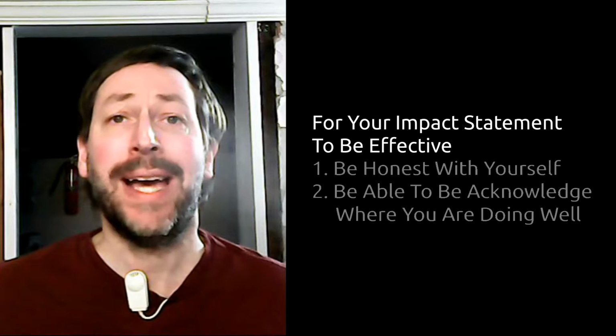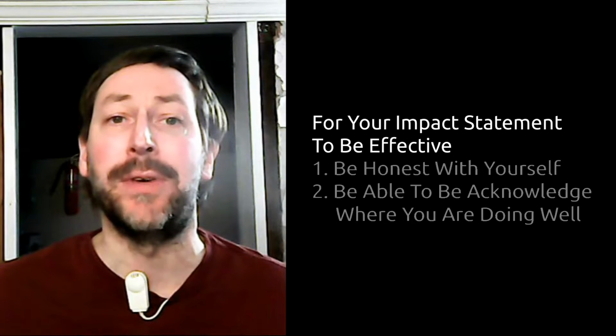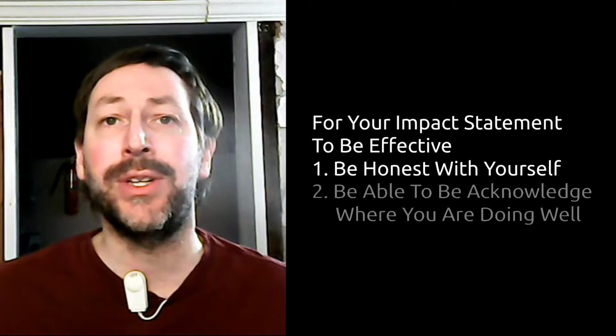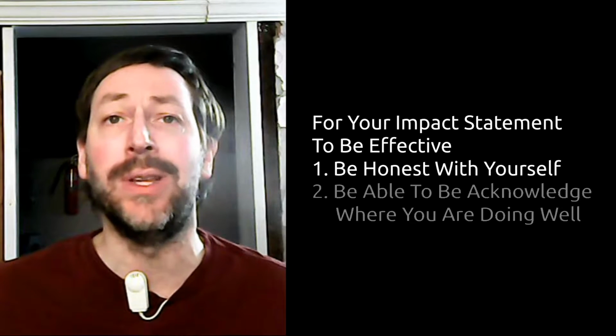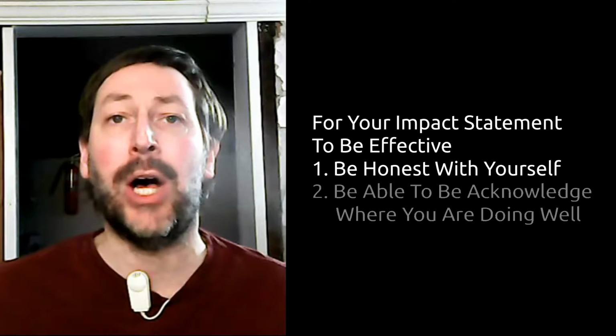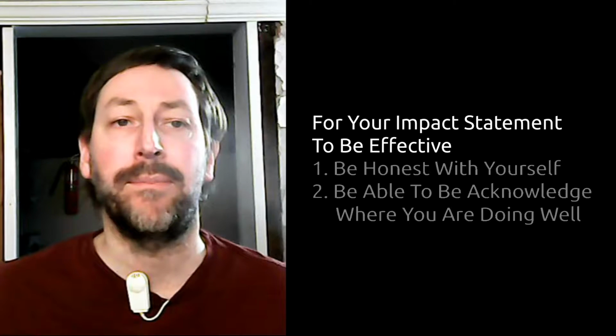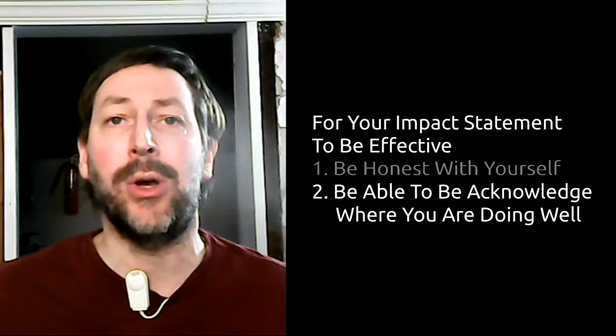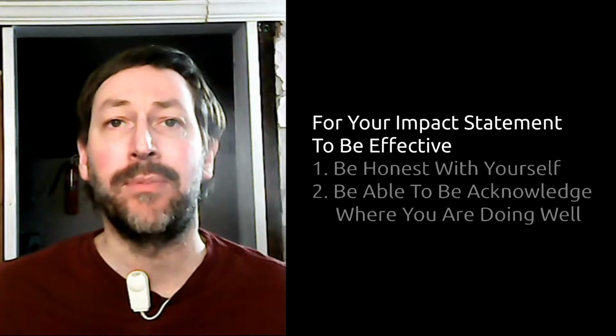For the impact statement to be effective, you need to be honest with yourself concerning what in your life you need help with. And then you also need to be able to acknowledge where you're doing well at.